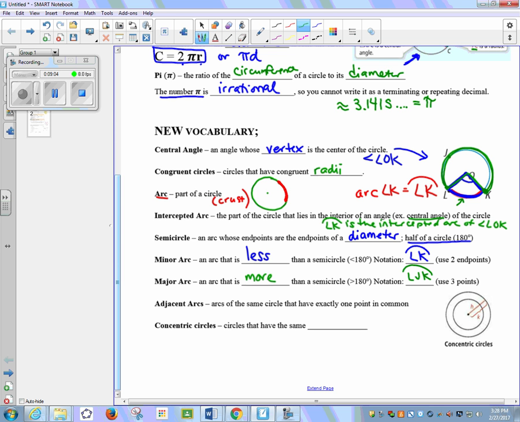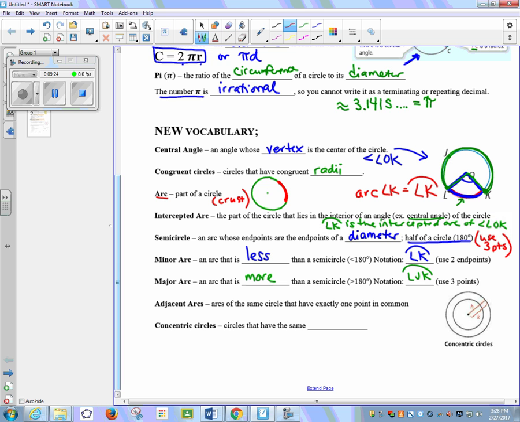So whenever you see an arc named with 3 points, that's going to be a major arc or a semicircle, actually. Let's just make that notation here for semicircle. Let's say use 3 points for the semicircle also.